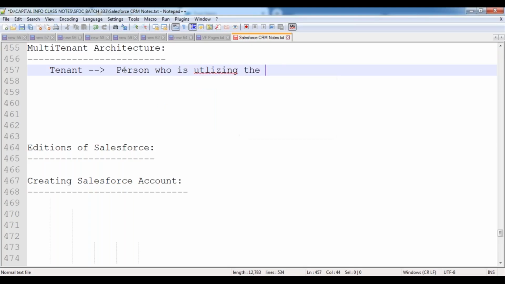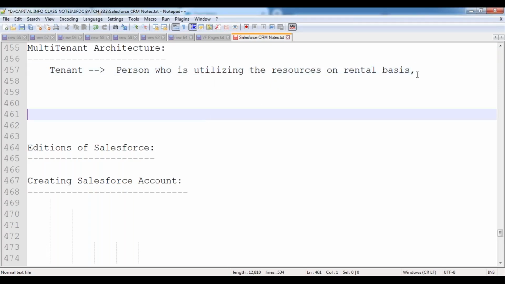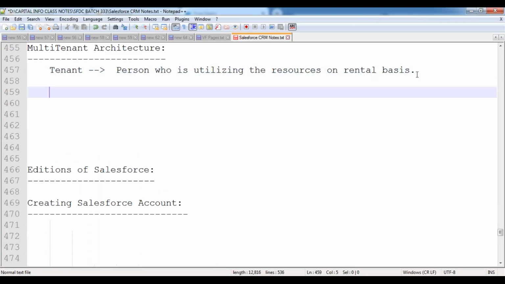The person who is utilizing the resources on rental basis is called a tenant. I'm taking a flat on rent to stay with my family. Every month I'm paying some rental amount to that flat owner. So I'm a tenant.